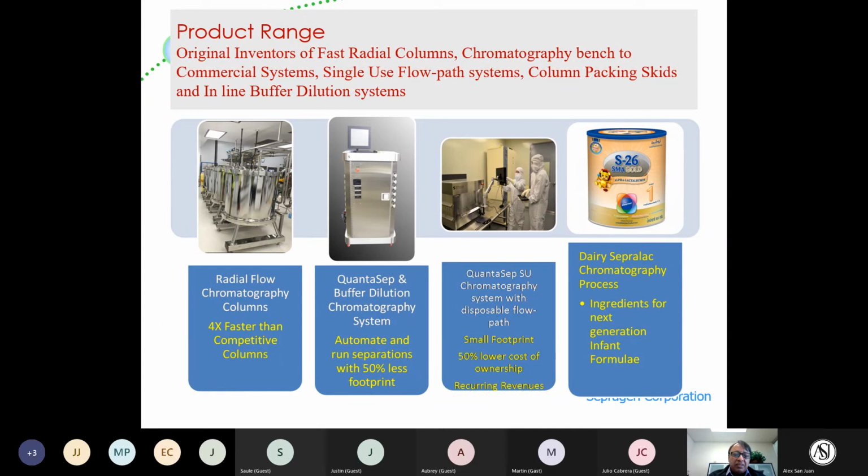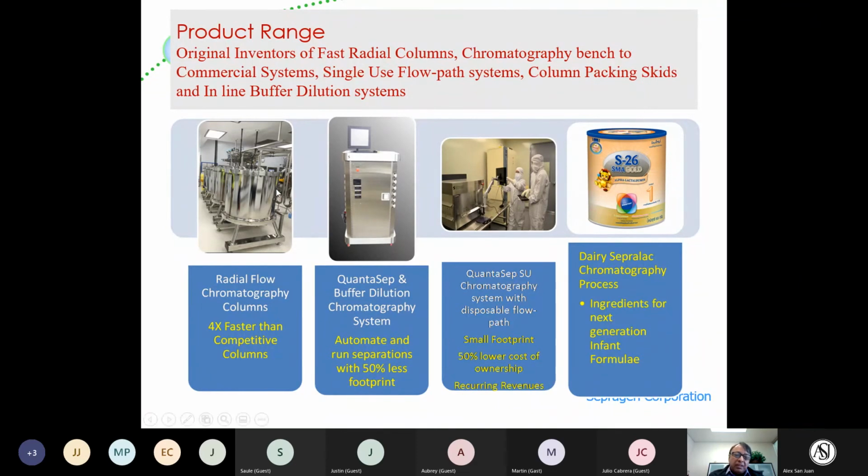What you see here, just the product range, what you see here on the left-hand side is a commercial installation. We had a company that recently installed a $1.5 billion facility outside of Atlanta, and we were recognized by them as one of the key contributors or vendors to this operation.